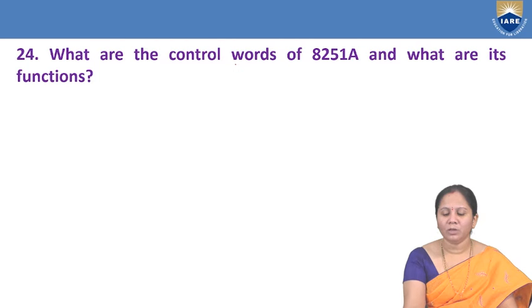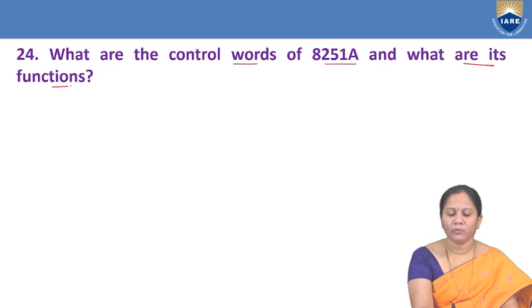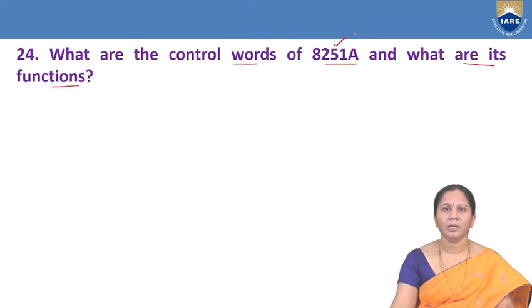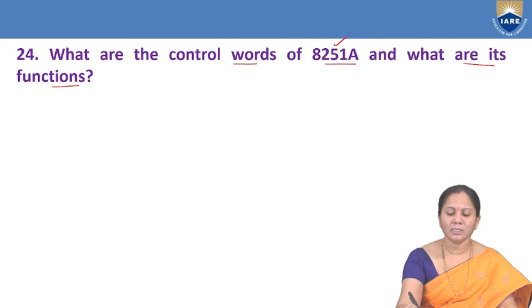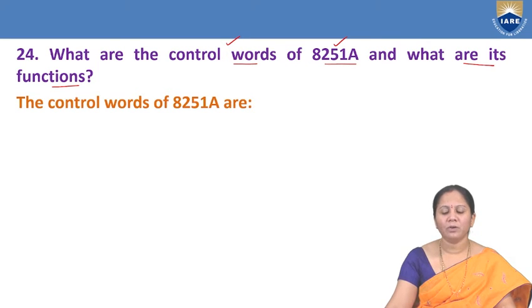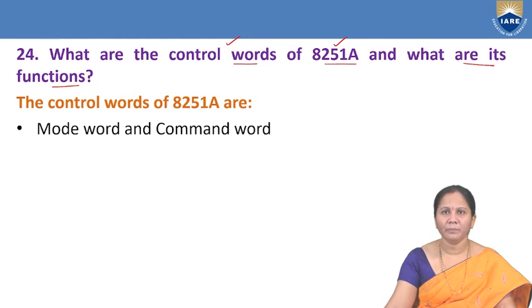Next, what are the control words of 8251A and what are their functions? The 8251A has some internal registers. Among all the internal registers, the control words are some of them.